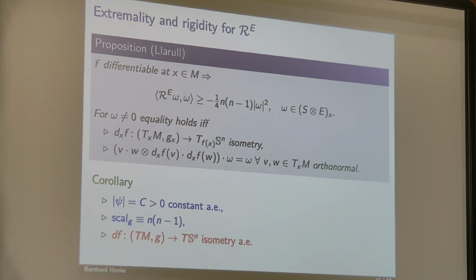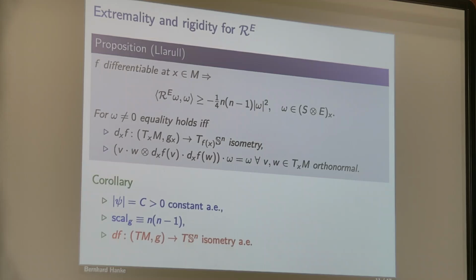Dot means Clifford multiplication in the Clifford algebra bundle on M. So we take the Clifford product of two orthonormal vectors in M. Then we apply the differential of f. We get two orthonormal vectors in S^n, because this is an isometry. And here we take the Clifford product in the tangent bundle of S^n. And so this element omega lives in the tensor product, and omega lives in the +1 eigenspace of this linear operator here.